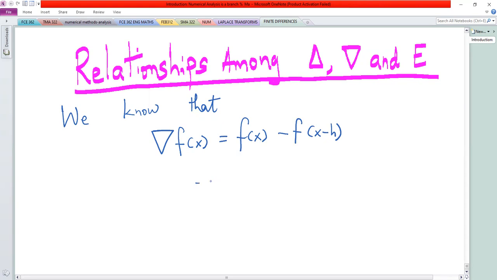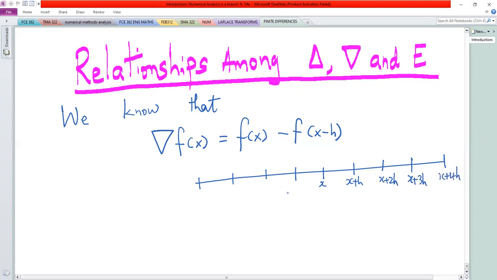So if you were to draw some sketch here, if we call this one x, and then this x plus h, this x plus 2h, x plus 3h, x plus 4h, and then this would be x minus h, x minus 2h, x minus 3h, x minus 4h.